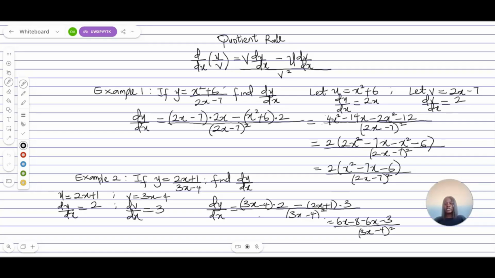So if you look at this, 6x and 6x go out. So it becomes minus 11. My answer is simply minus 11 over 3x minus 4 all squared. As you can see, you really did not need to simplify the v squared here.